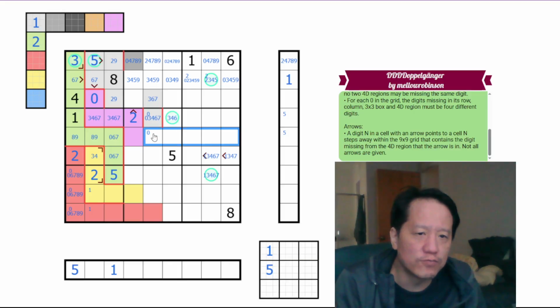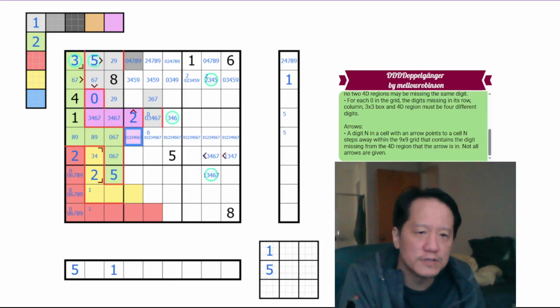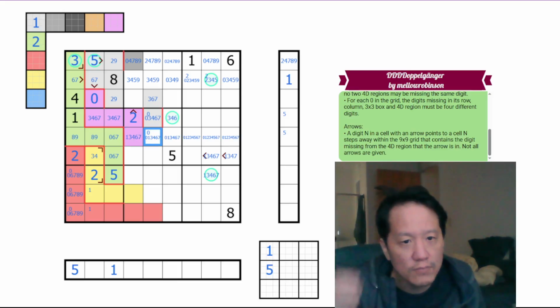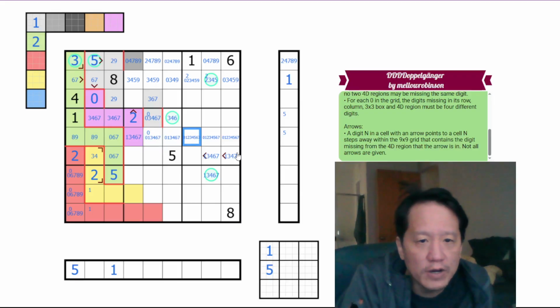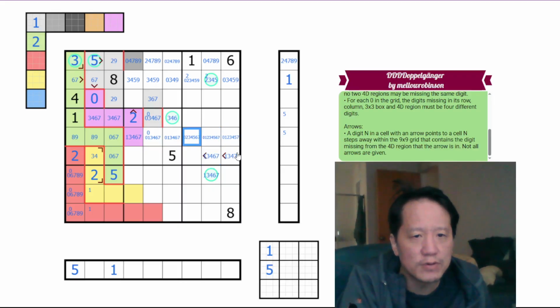Remaining digits of row 5. We have to have 0 through 7. Obviously, this cannot be 2 or 5 in box 5. This can't be 0 because of 0 in the box. This can't be 1. No 6 here. That's pretty broad.